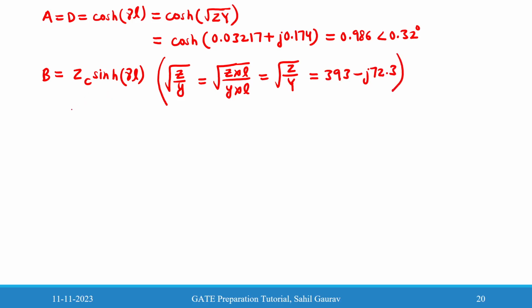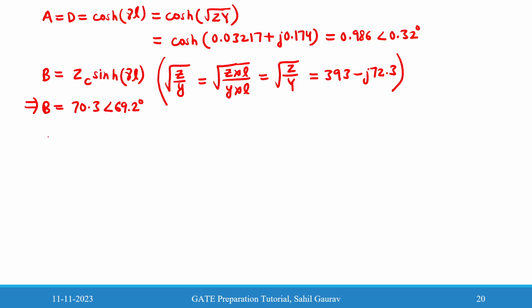So put ZC here. So you will get the B value as 70.3 angle 69.2 degrees.